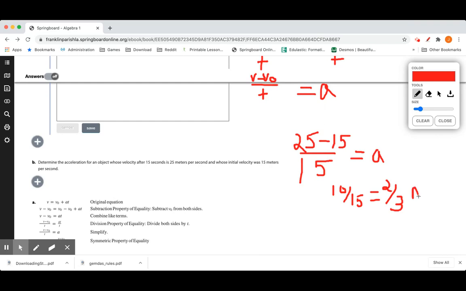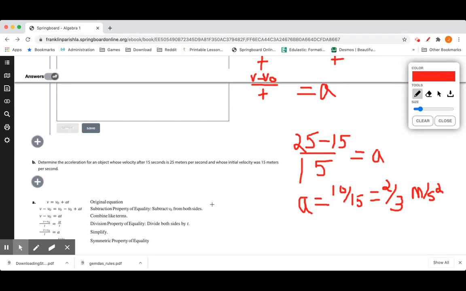So meters per second, you write it like a division sign, meters per second squared. That's what A is going to equal. Acceleration. So part B, just plug in the numbers and work it out, and you'll get meters per second squared.